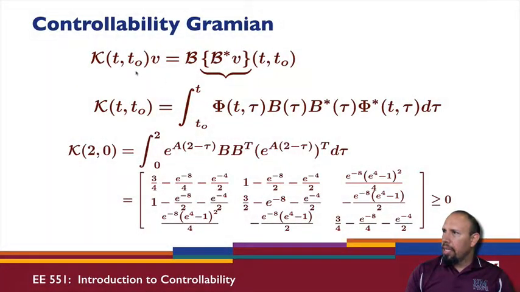In terms of my Gramian, I recall that I have B times B adjoint times v, but we could also work with K directly in terms of the state transition matrix and B. In our case, our B is time invariant, and so it's also real. So all of this just becomes BB transposed, and then I have the state transition matrix.